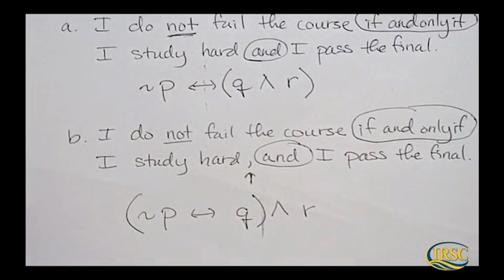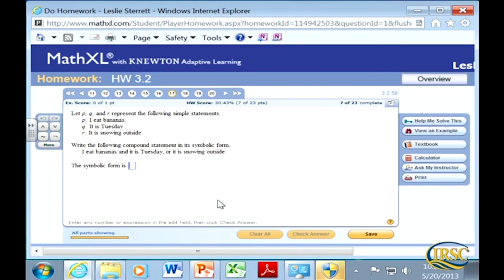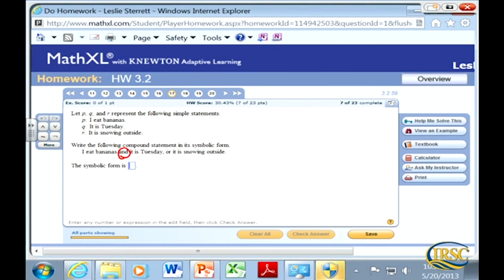All right, so that pretty much, well, let's take a look at one of those in MyMathLab that gives you 3 simple statements. Okay, so it tells you what P, Q, and R stand for, and it shows you the sentence, I eat bananas and it is Tuesday, comma, or it is snowing outside. And, or, and the comma.